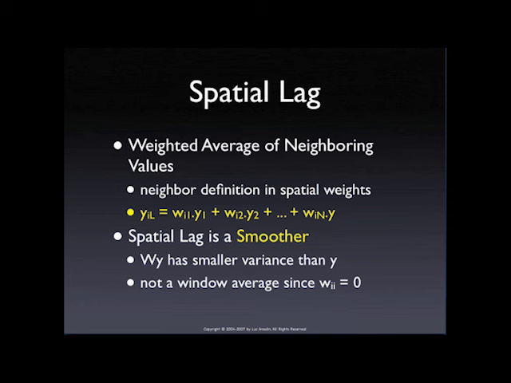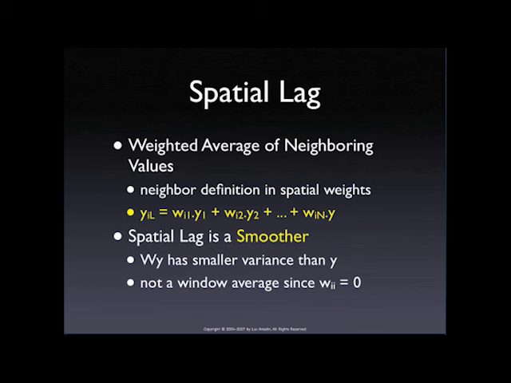This spatially lagged variable is, in a sense, a smoother because it's a weighted average, so it reduces the variance. The variance of the spatial lag is smaller than the variance of the original variable. One thing to keep in mind, if you're used to remote sensing manipulations, is that this is not a window average. Oftentimes you move a window over the data and compute an average or some other characteristic of the observations in that window.